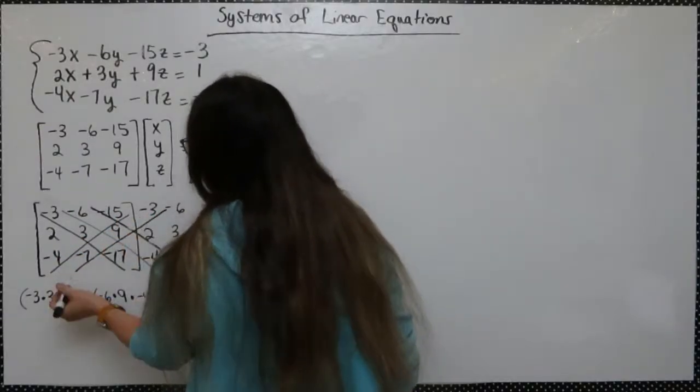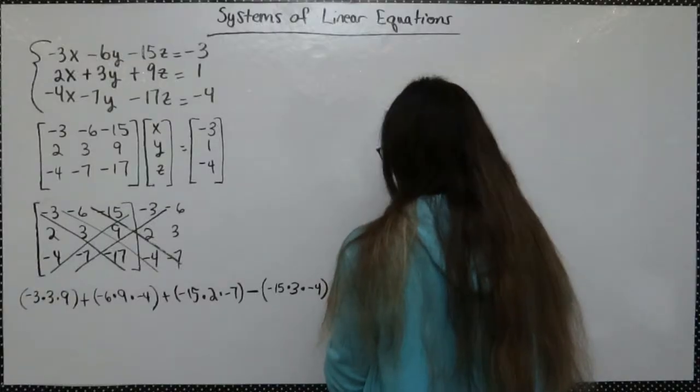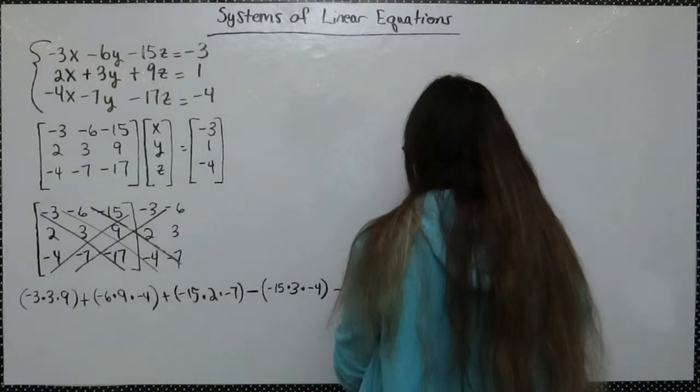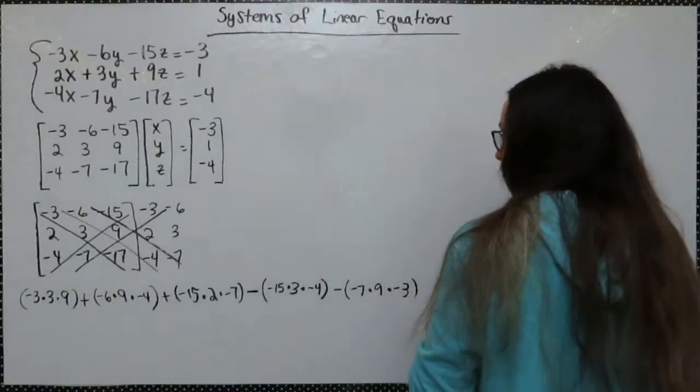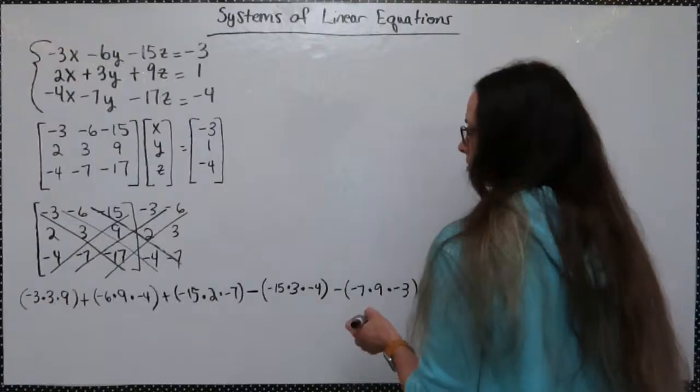All right. This one, let's minus this grouping, -7 times 9 times -3. And then one more grouping, minus this diagonal.